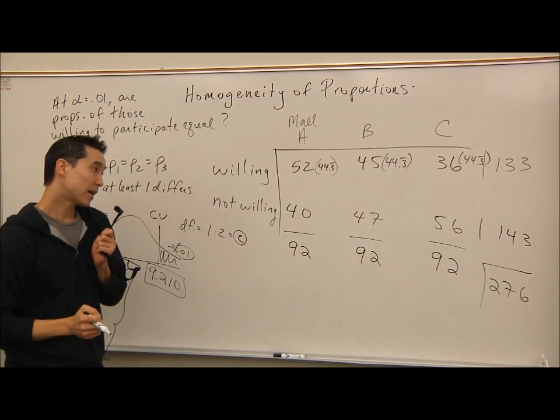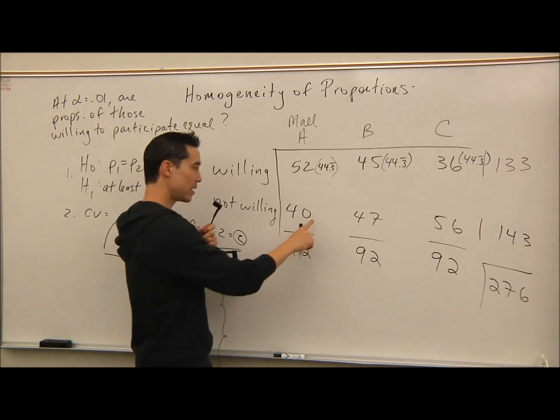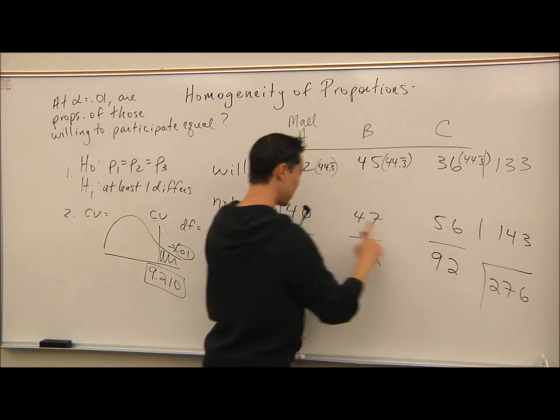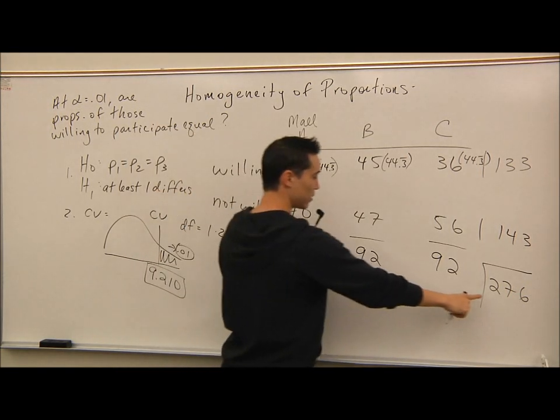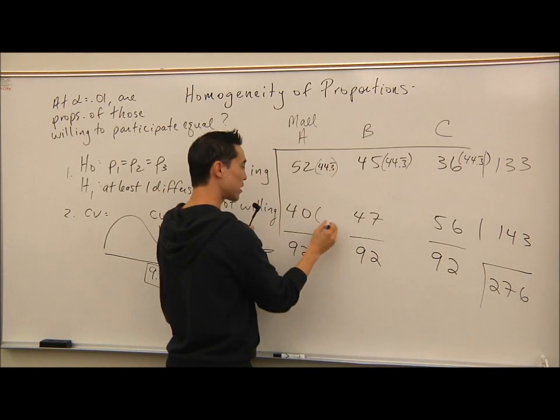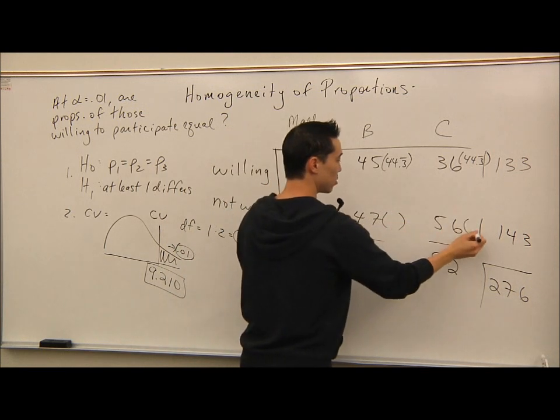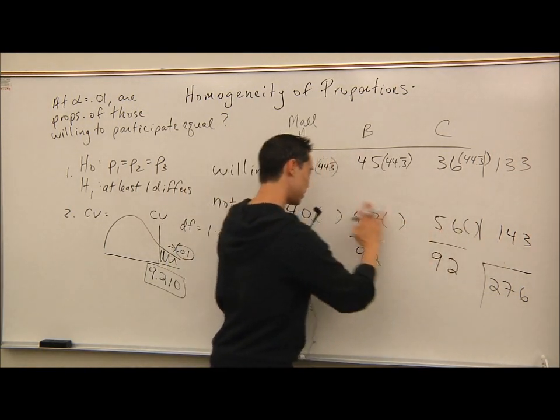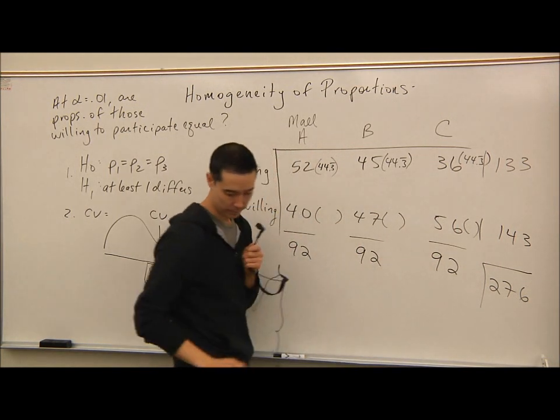Moving on to the second row, if I wanted the expected value for 40 here, it's going to be 143 times 92 divided by 276. And again, just like the last problem, all of these are going to have the same expected value because it's always 143 and it's always 92, 92, 92. Okay?